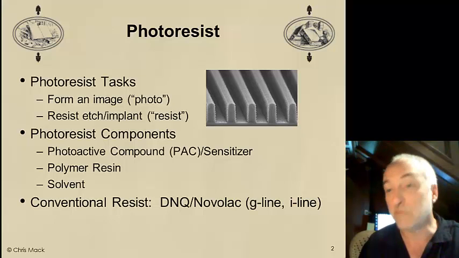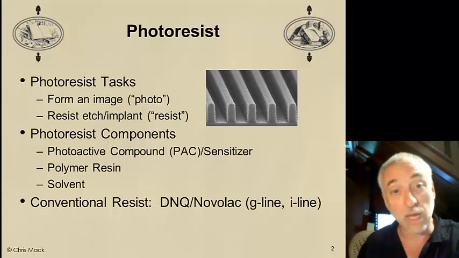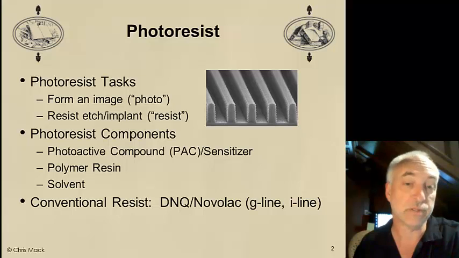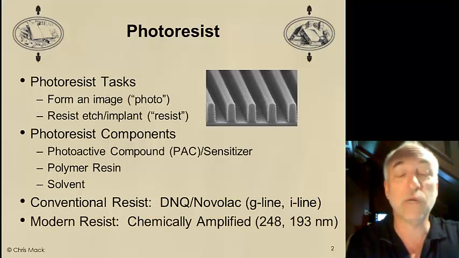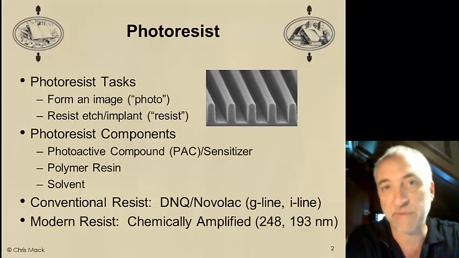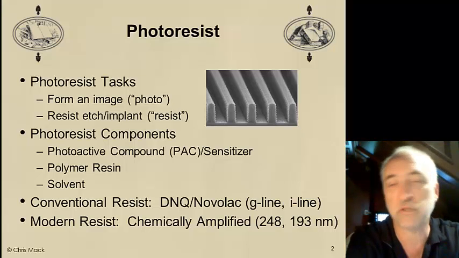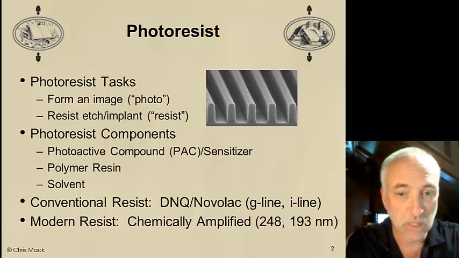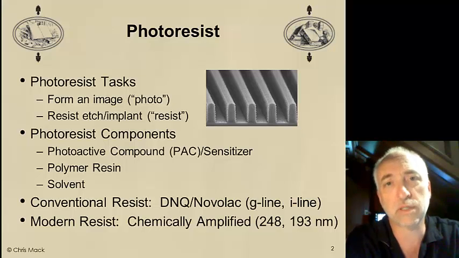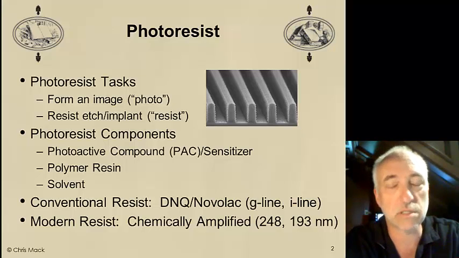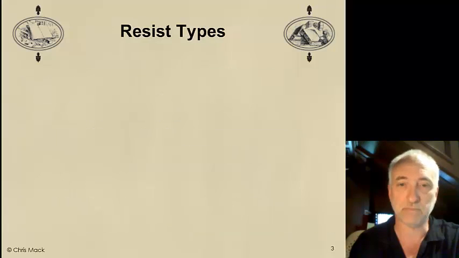I-line is into the UV, it's not visible, at 365 nanometers. But today we tend to use 248 and 193 nanometer lithography with excimer lasers, and the modern resists we use at these wavelengths are called chemically amplified resists. Other than a brief introduction, we'll reserve our discussion of chemically amplified resists to a later lecture.